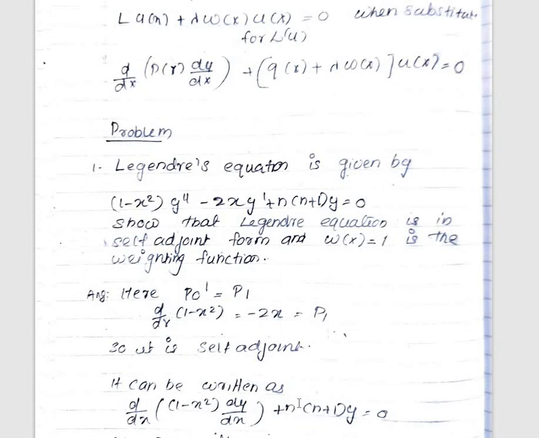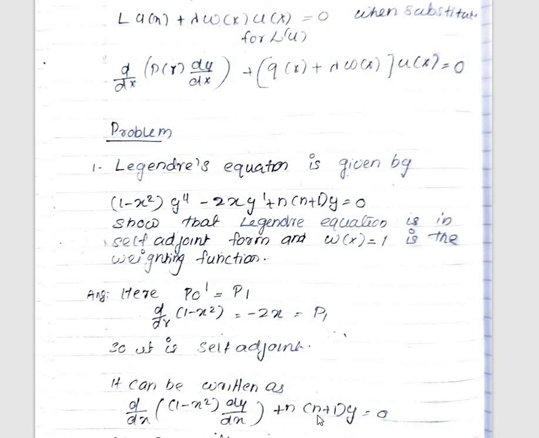In this case, n into n plus 1 into y, or u, is the last term. So this is the term containing lambda w u of x. Lambda w u of x is nothing but n into n plus 1 u.